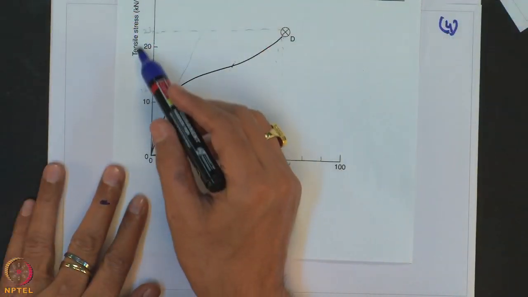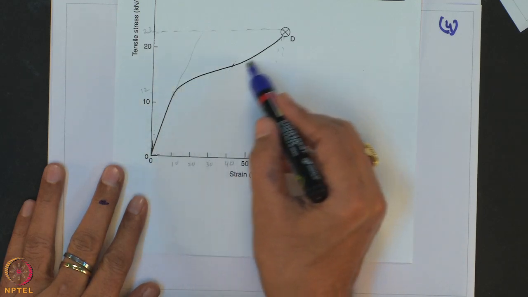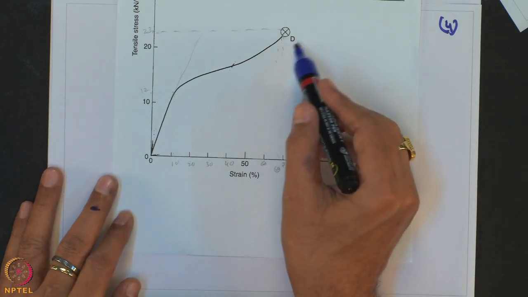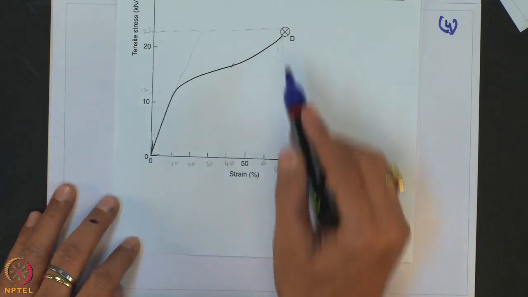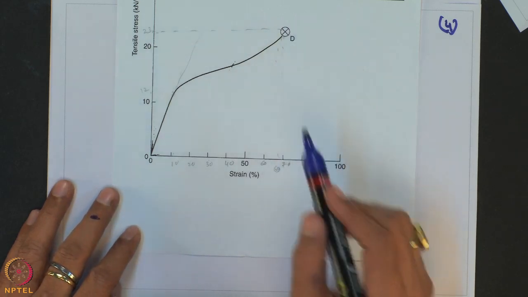For example, let us consider a non-woven geotextile material whose tensile stress and strain curve looks like this. This material has some thickness and some mass per unit area.